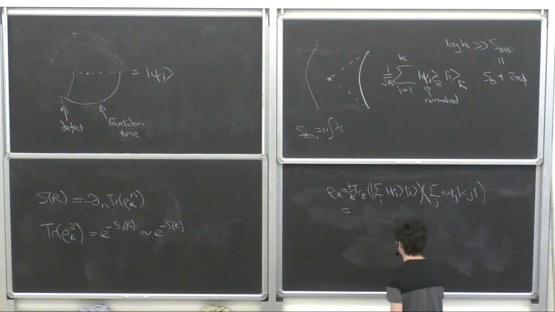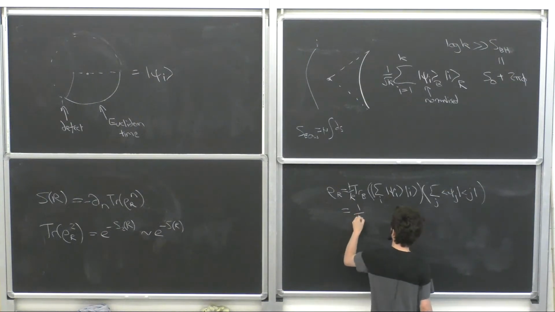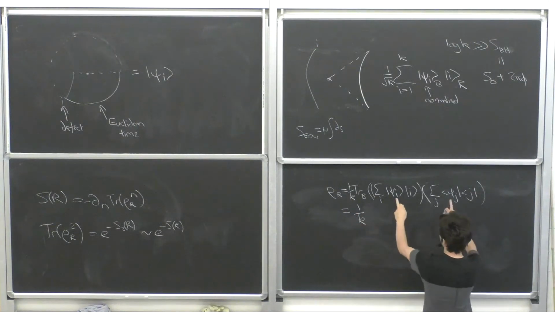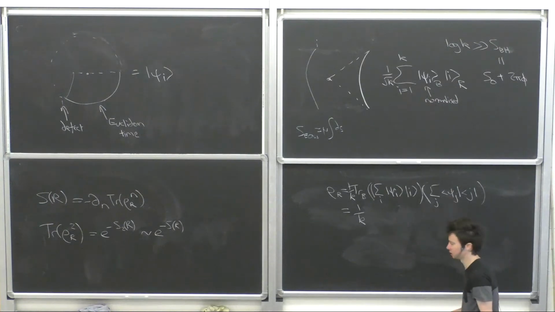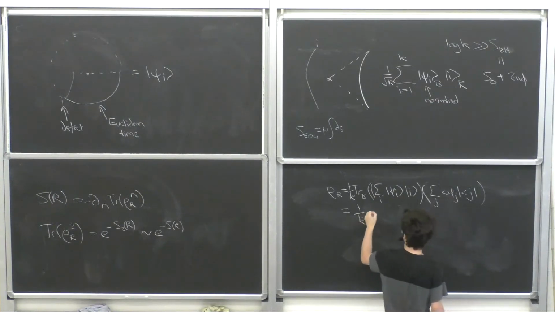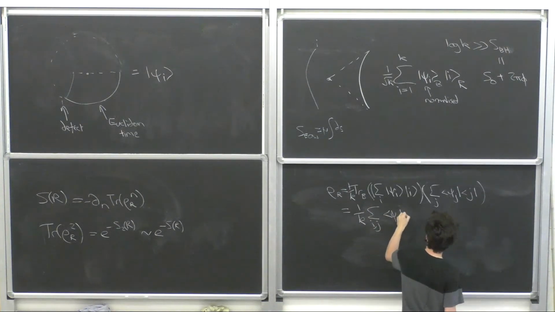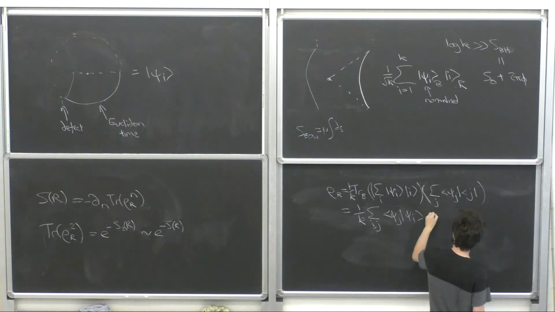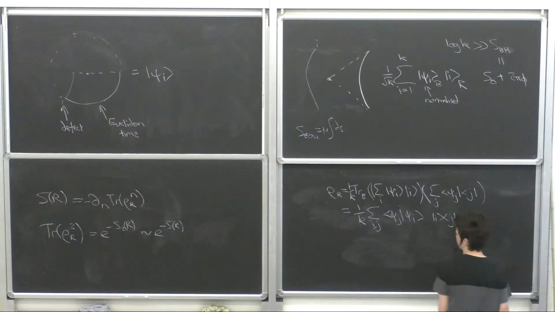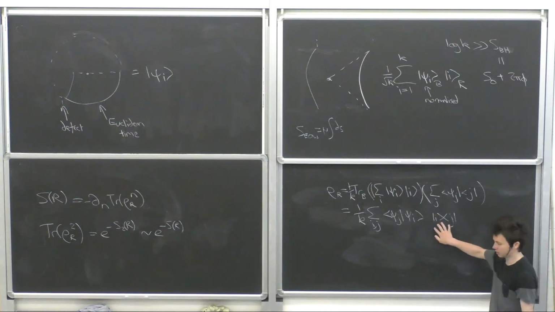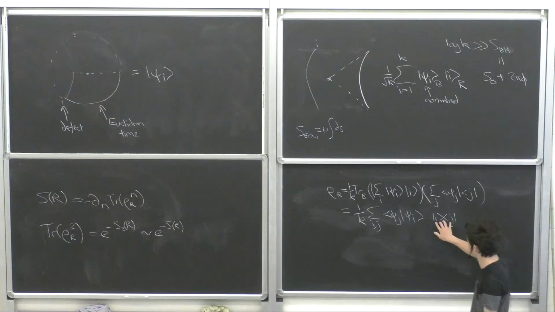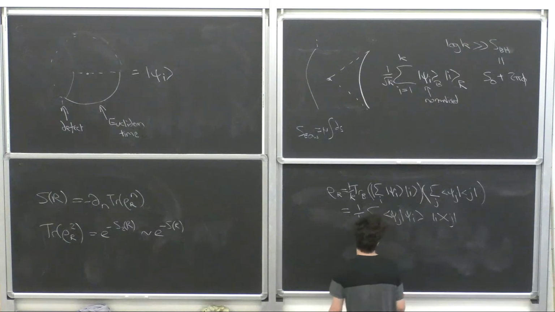So then this whole thing, the partial trace is trivial. It just gives us an inner product of the psi_i and the psi_j. So we get sum over i, j, psi_j, psi_i, ket i, bra j. Okay? So this is telling us the reduced density matrix on R in terms of these matrix elements, ket i bra j.